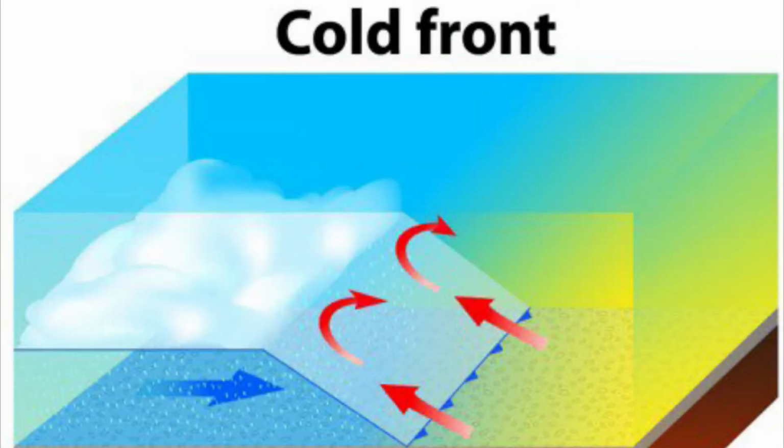A cold front is almost the opposite. A cold front happens when a mass of cold air wedges itself underneath an approaching warm air mass.